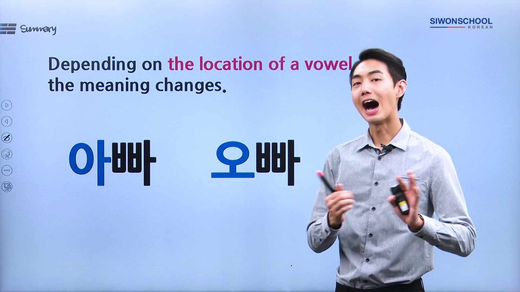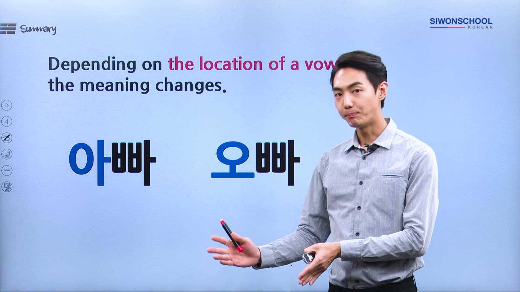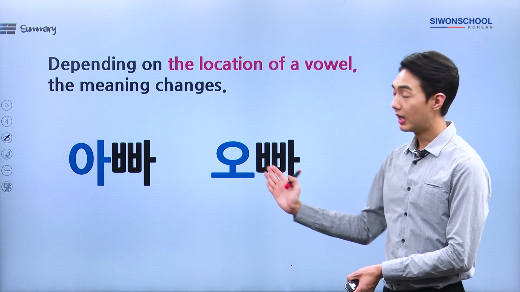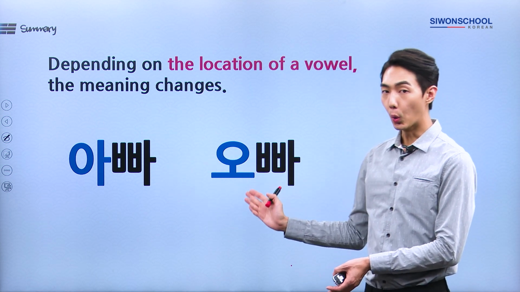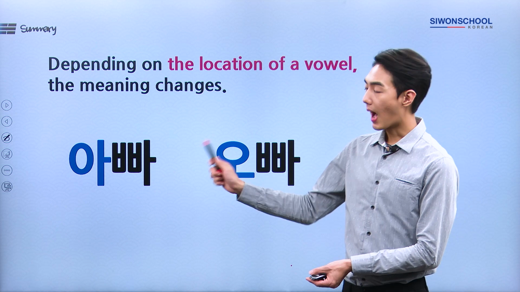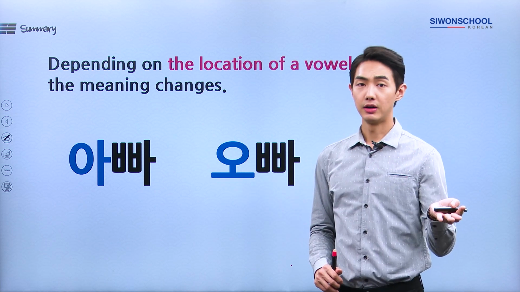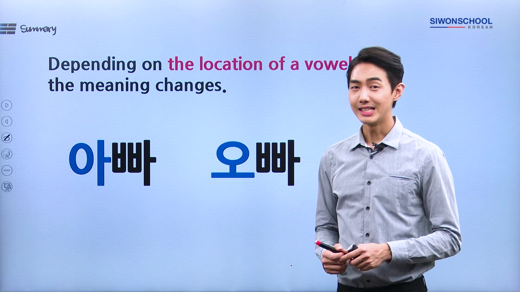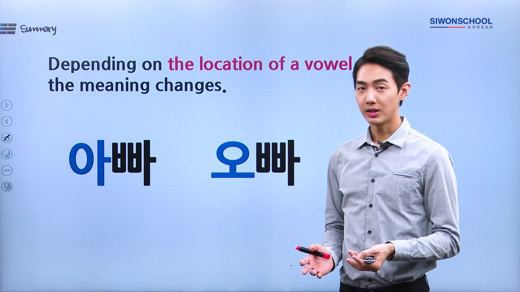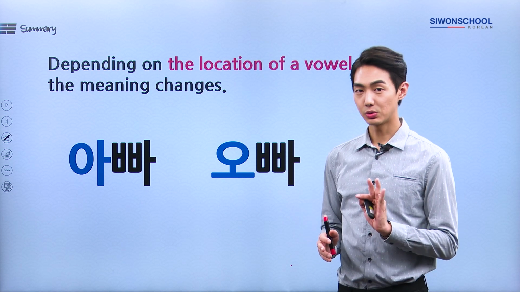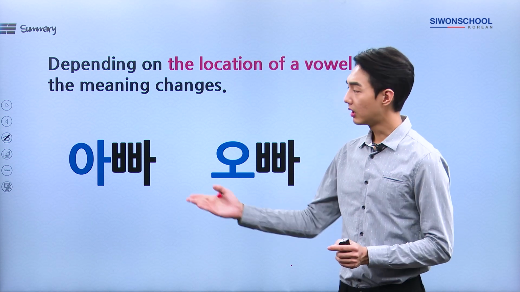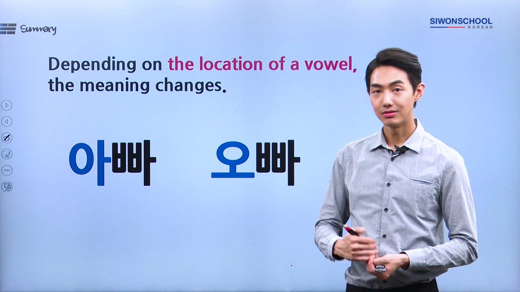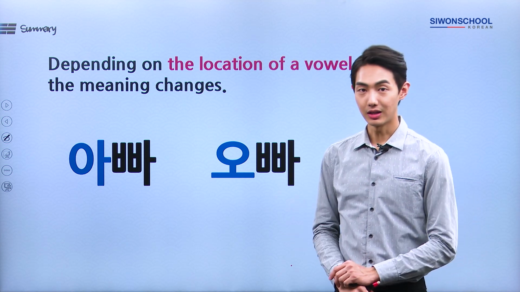Do you remember? 아기 and 아빠, right? 오이, 오빠, 아빠, 오빠, right? 아빠 means father, okay? Not really a formal father, it's more like a friendly way. It's called like daddy, is more like it. Actually, 아버지 is the formal one, but 아빠 is the friendlier one. So you can say 아빠, dad, or daddy, okay?